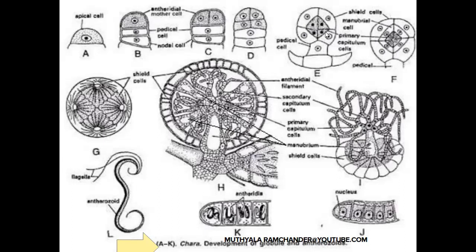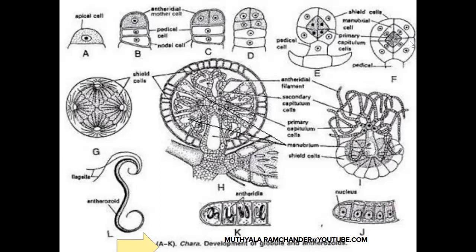The 16 cells are arranged in 2 whorls. In each whorl, 8 cells are present. The outer whorl's 8 cells rest for a few minutes, and the inner whorl's 8 cells again participate in mitotic division to form 16 cells. A total of 24 cells are formed.